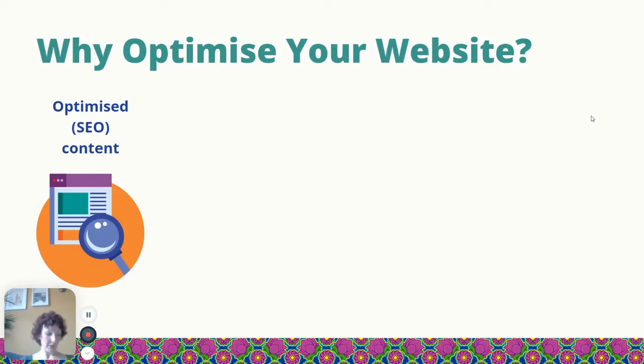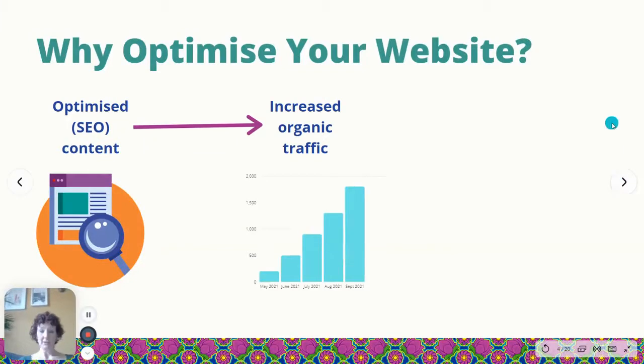So you've got to produce quality content that's around these strategically chosen keywords in order to get on the first page, ideally, of Google. Why do you want to do that? Well, it results in increased organic traffic to your website.